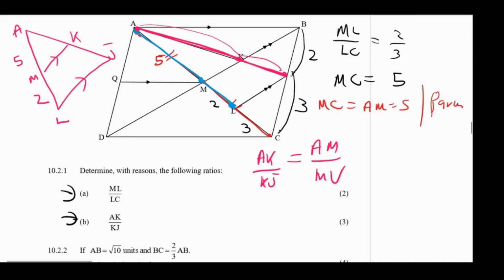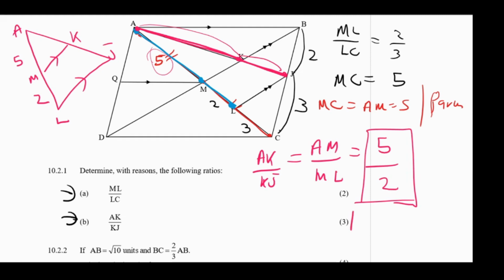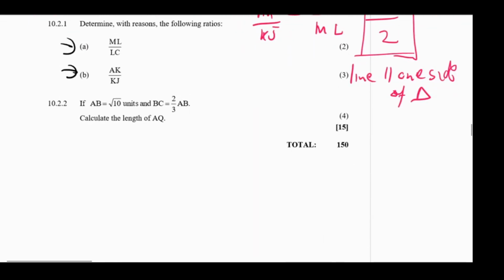So this is L. AM equals 5, this 5 here. So it's 5 divided by ML, which is 2. So this would be the solution for this problem. And we can simply write the reason as line parallel to one side of triangle.